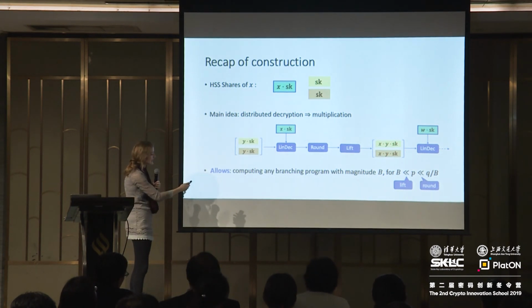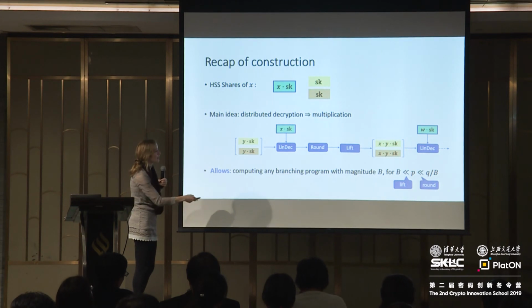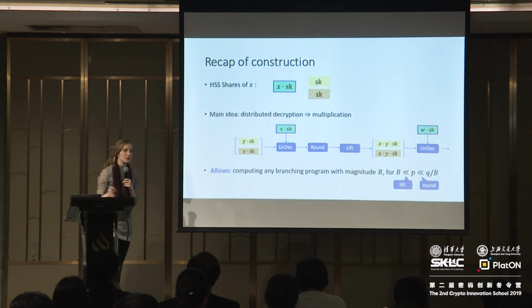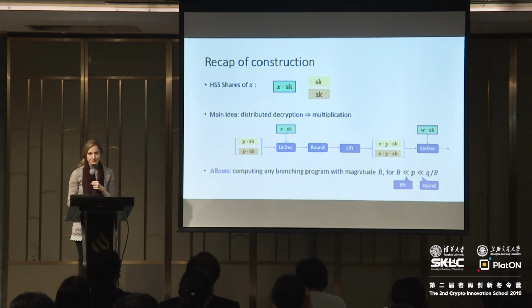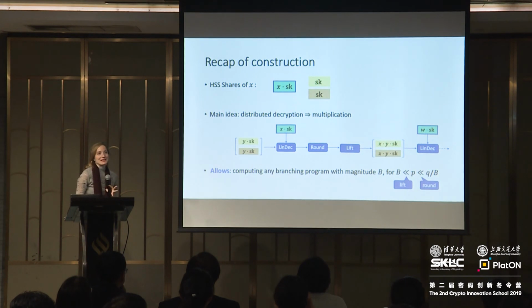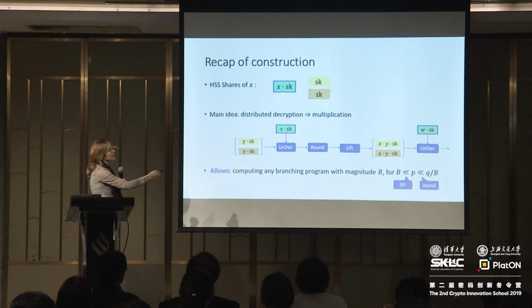But this does give you, for any branching program with some bounded magnitude, as long as the biggest magnitude you get is smaller than P, which is smaller than Q, something scalable in this magnitude.